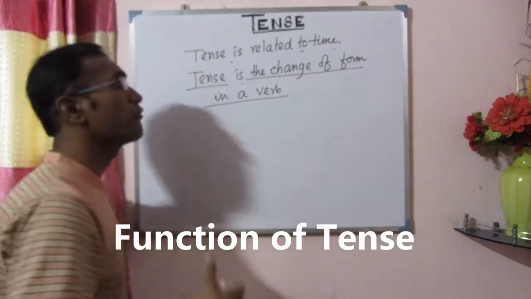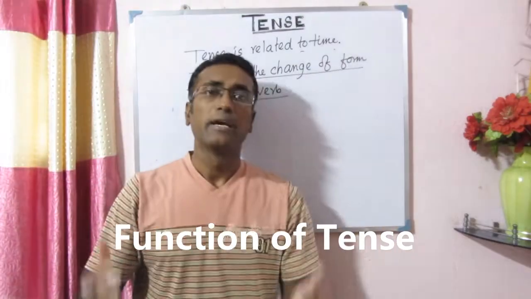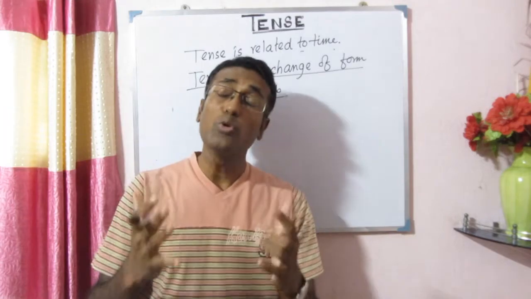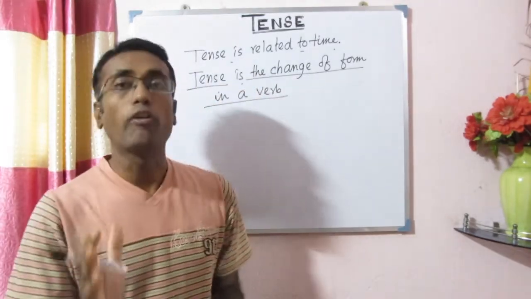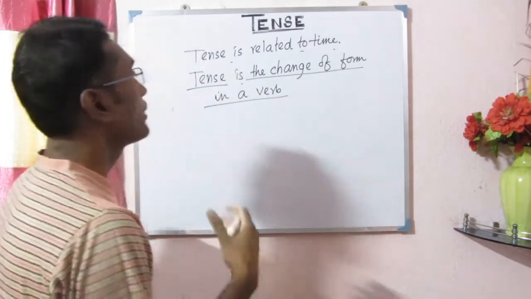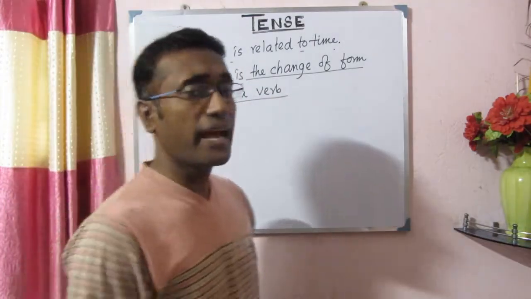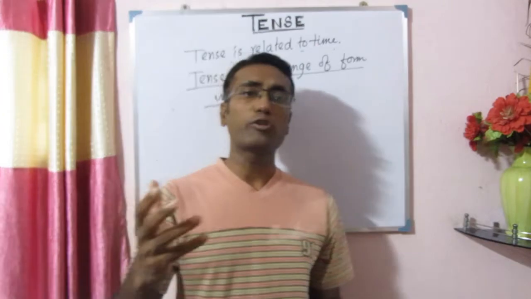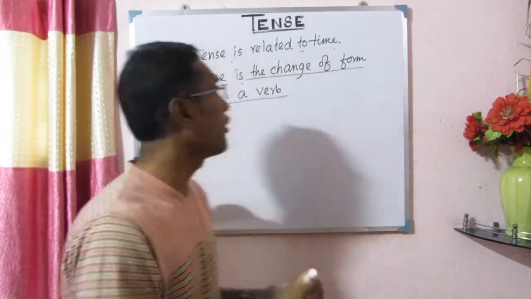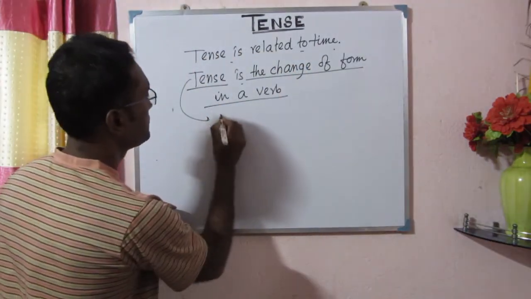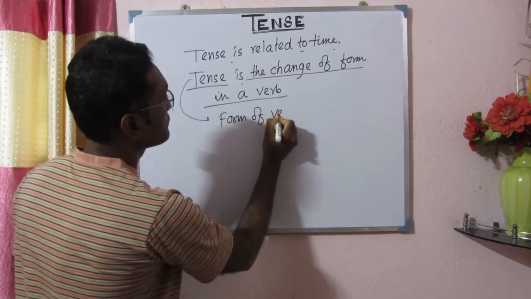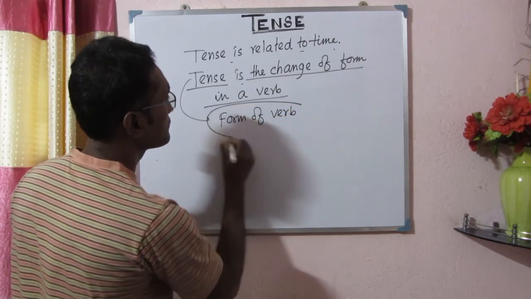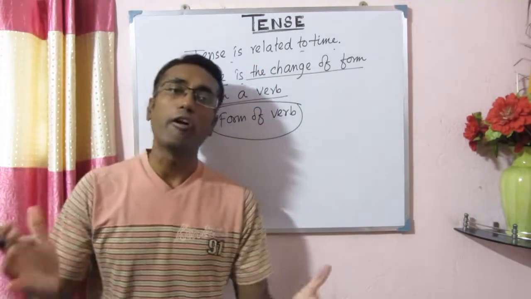Tense is the change of form in a verb to express the change of time of an action. So now you may say that tense is a form of verb.